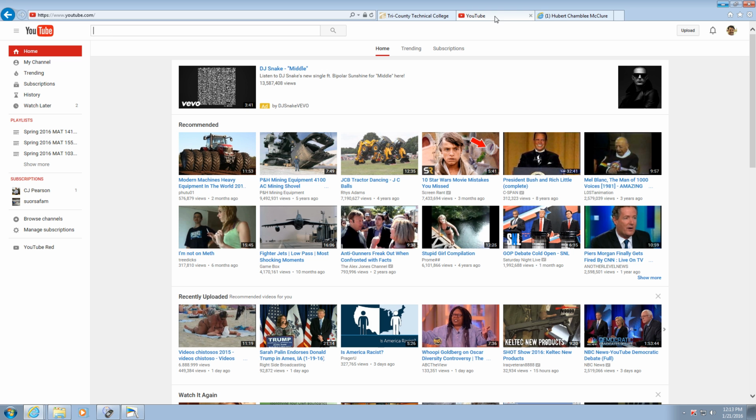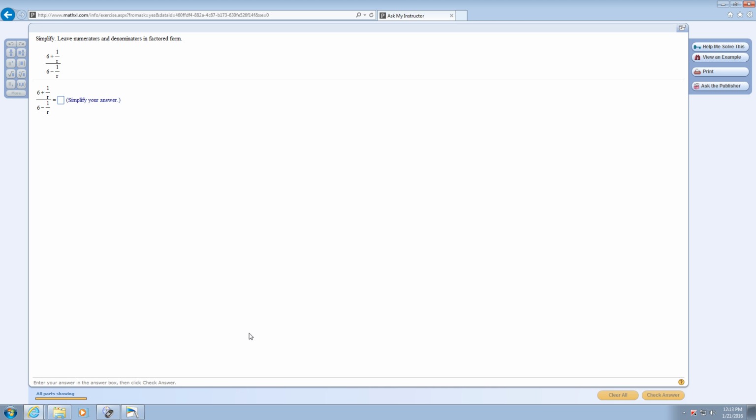Oops, wrong thing. What is it? There it is. Alright, so in this one, first thing I'm gonna do is 6/1 plus 1/r over 6/1 minus 1/r. And I'm going to multiply by r over 1. So I'm going to put a little r here. I'm going to do it in blue.